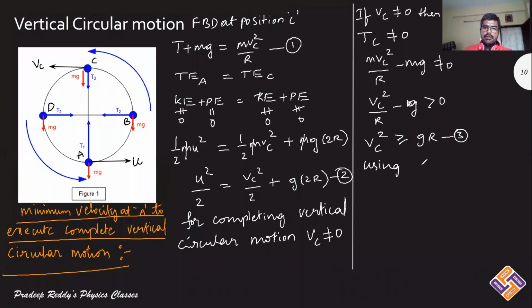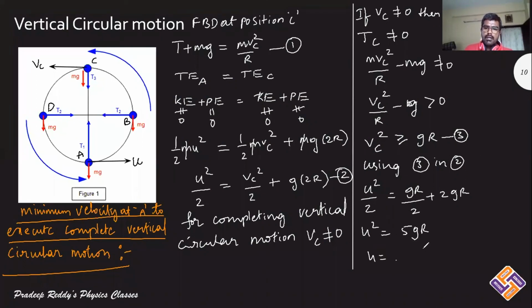Using 3 in 2, I can write U square divided by 2 is equal to gR divided by 2 plus 2gR. 2 2's are 4, plus 1 is 5. U square is equal to 5g capital R. U is equal to under root 5gR.